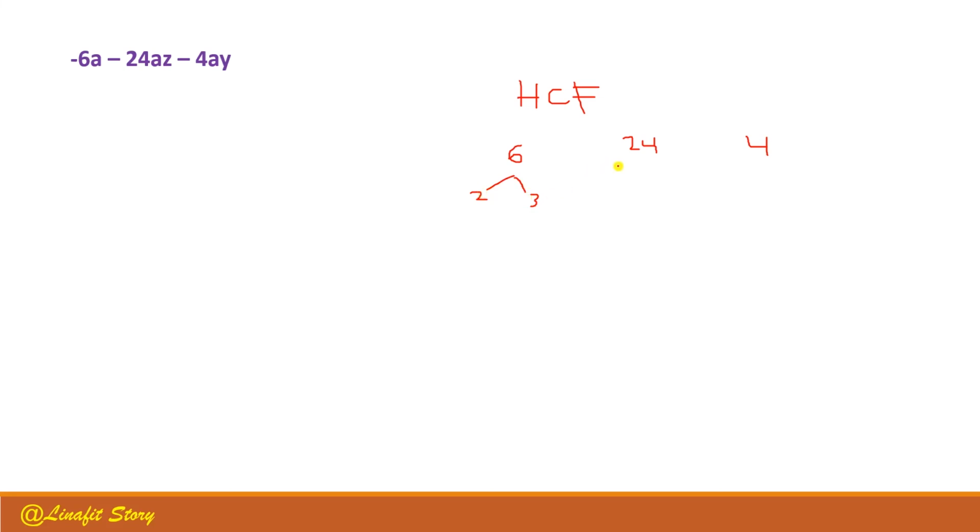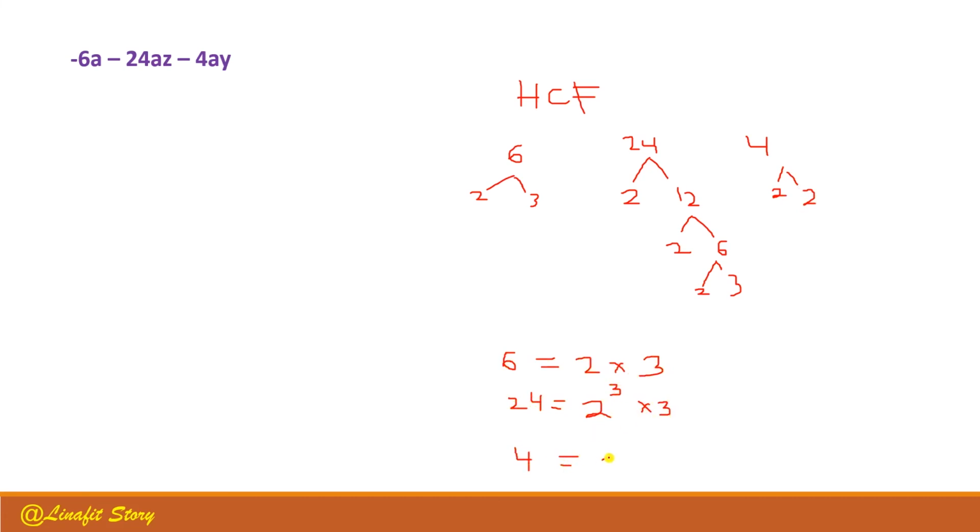Next, 24 divided by 2 is equal to 12, divided by 2 is 6, divided by 2 is 3. And then 4 divided by 2 is equal to 2. So 6 is equal to 2 times 3. 24 is equal to 2 cubed times 3. And 4 is equal to 2 squared. So the HCF of 6, 24, and 4 is 2. So the common factors are 2 and a.